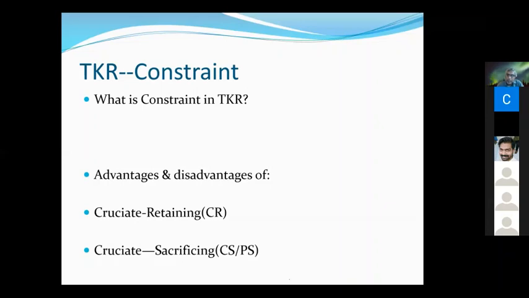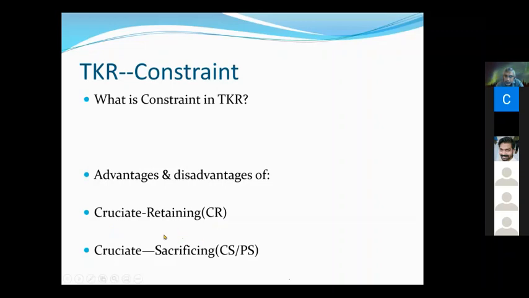So basically what you're trying to do is make it as stable as you can, because you are trying to mimic the anatomy of the joint, and in certain cases you are trying to take over the function of the cruciate ligaments, right? So when you do a cruciate retaining, what are you preserving here?